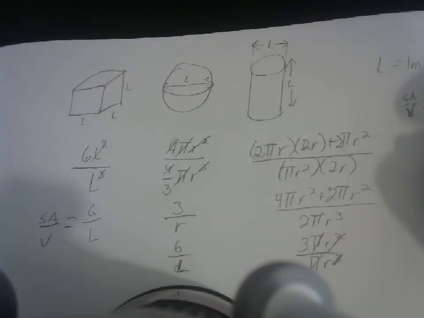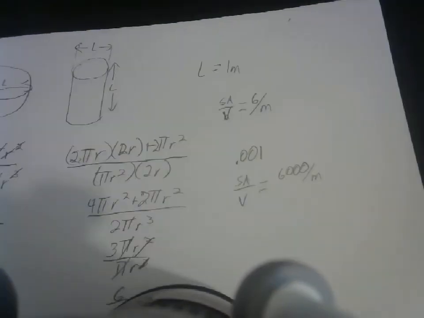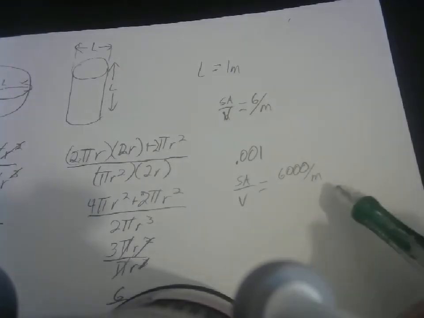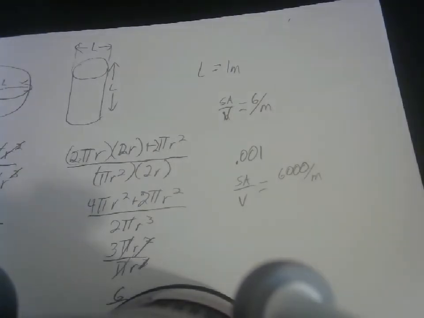If you are an ant that is 0.001 meter long, then your surface area over your volume is 6,000 per meter. Oops, I didn't have it on the camera. Okay, you 6 per meter, an ant 6,000 per meter. How about a cell?